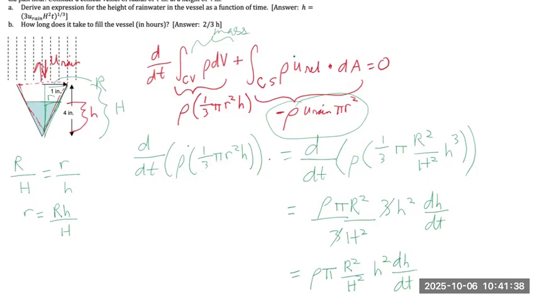Over here, it might be less apparent, but velocity is in meters per second. Rho is in kg per meter cubed. And dA is in units of meters squared because it's an area.